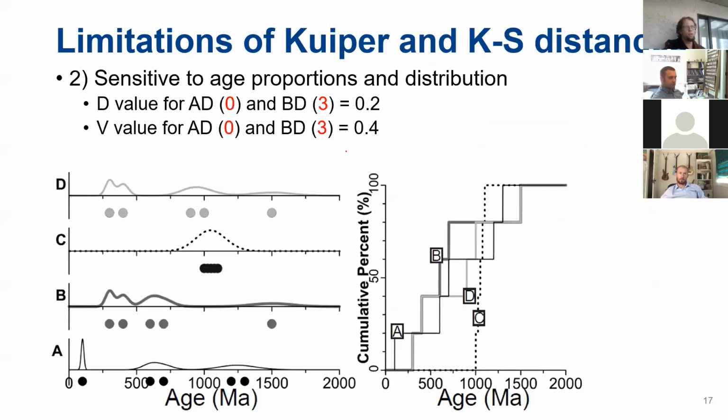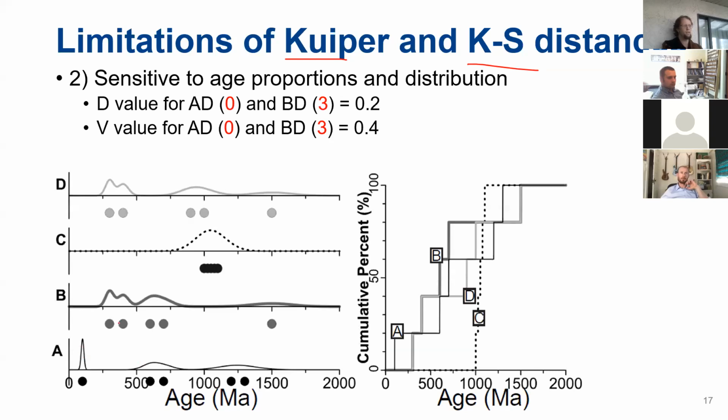There are some additional limitations of both the Kuiper and the KS distance, and this has to do with the fact that they're sensitive to age proportions and distributions. So for example, we've got a bunch of relative distribution plots here on the left, A, B, C, and D. The cumulative distributions for each of those are shown over here.